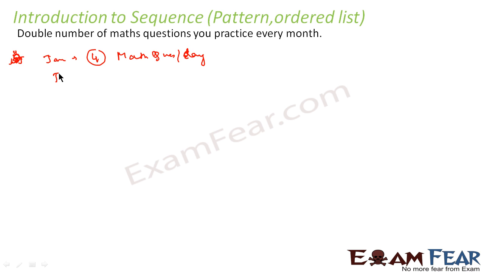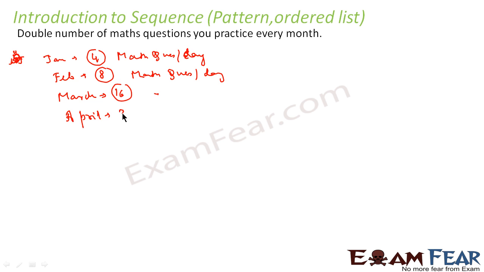That is, in the month of Feb, you should go for 8 maths questions per day. In the month of March, he expects you to go for 8 into 2, that is 16 math questions. Similarly for April, he expects you to double it again, 16 into 2, 32.